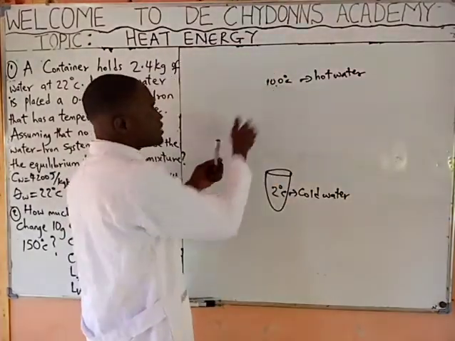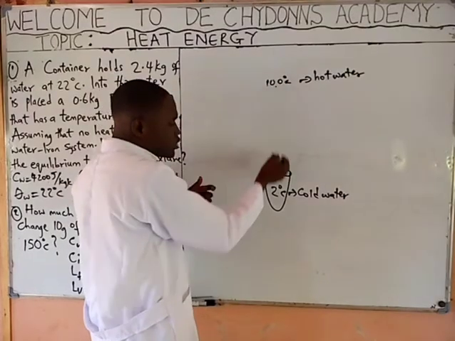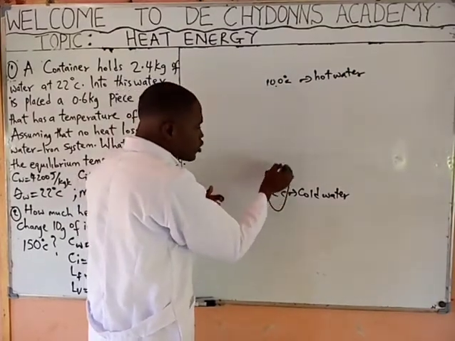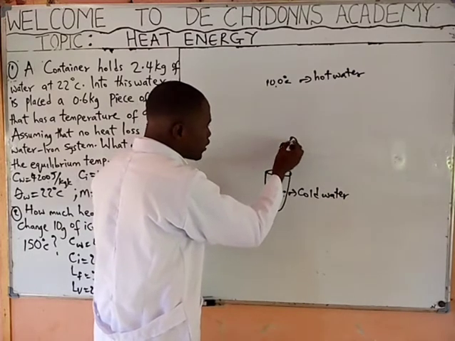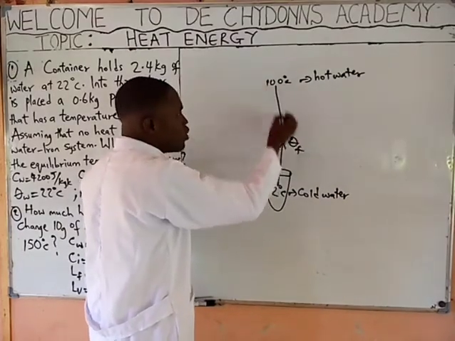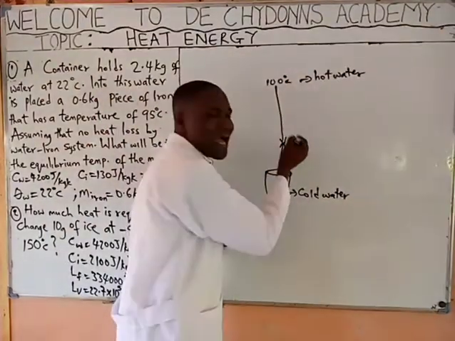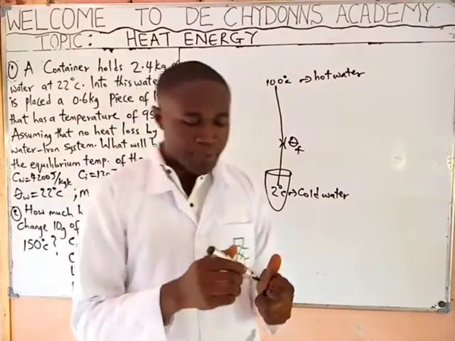So as this hot water gets to this cold water, the temperature of the cold water will increase to this point, while the temperature of this hot water will reduce to this point. This is called the final temperature or the equilibrium temperature.